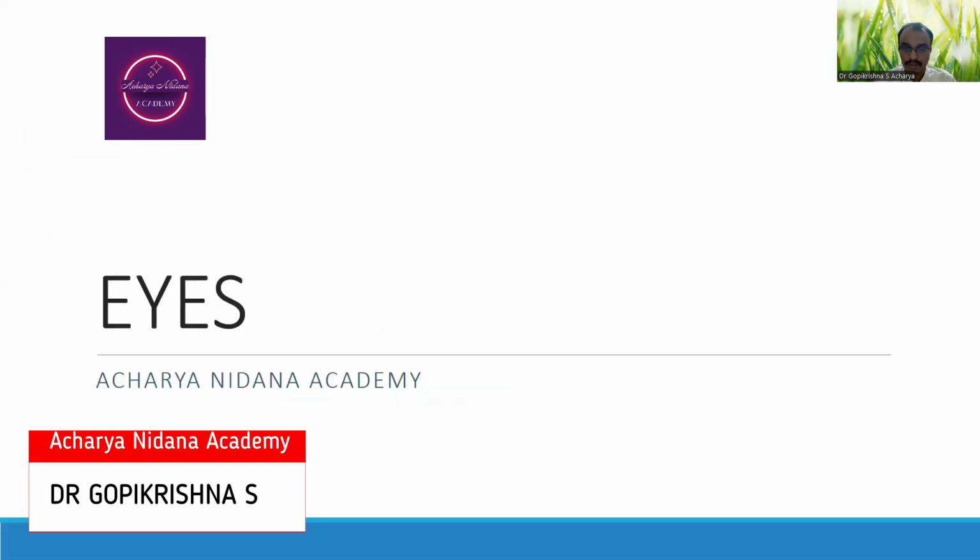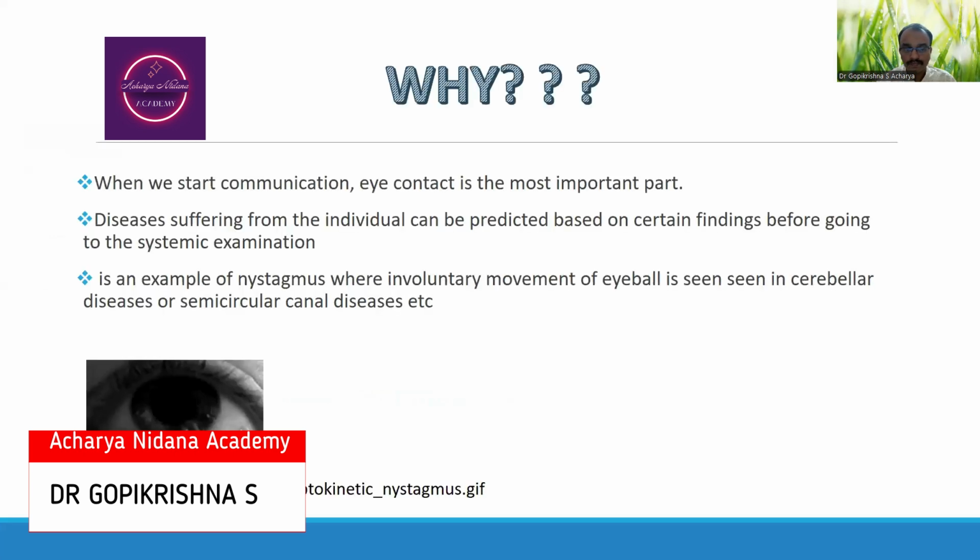When you talk about the examination of the eye, as far as general examination is concerned, that is very, very important, because whenever we start communication, eye contact is the most important part.